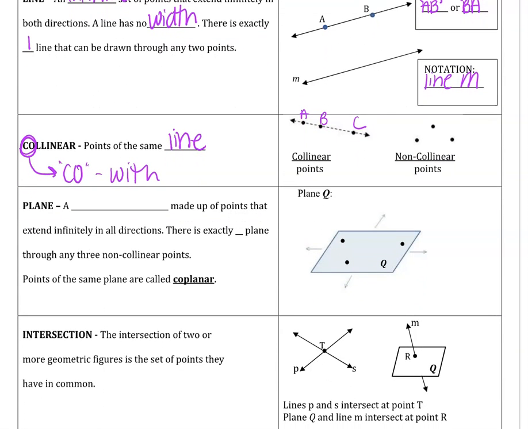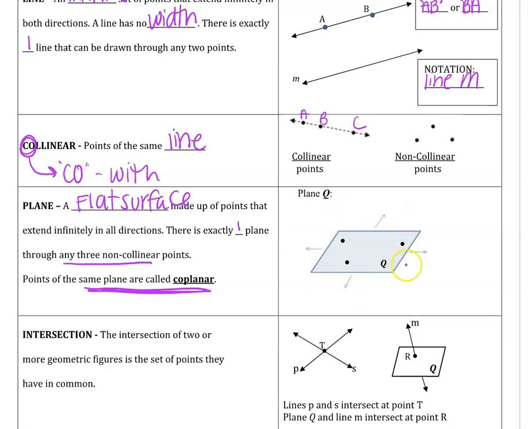Now a plane is a flat surface made up of points that extend infinitely in all directions. There is exactly one plane through any 3 non-collinear points, and points of the same plane are called coplanar. So collinear, points of the same line; coplanar, points of the same plane.